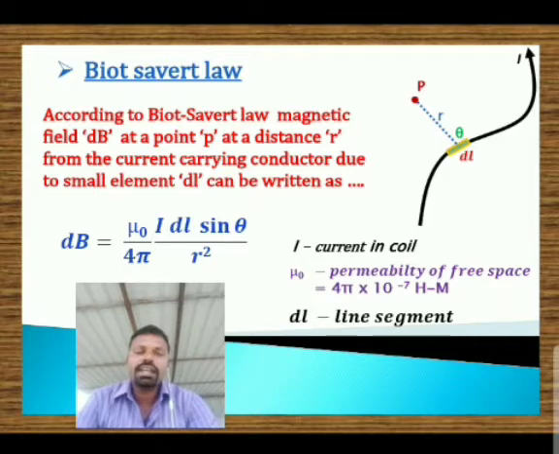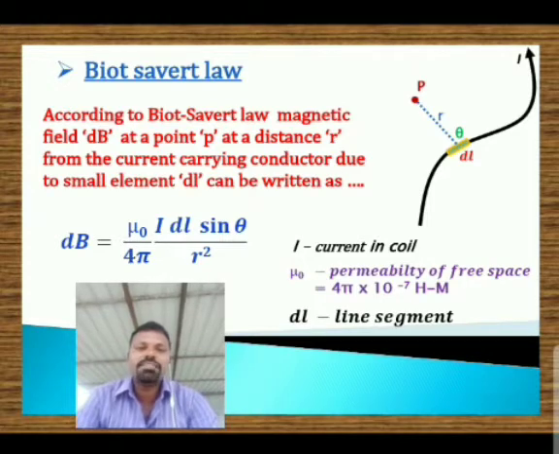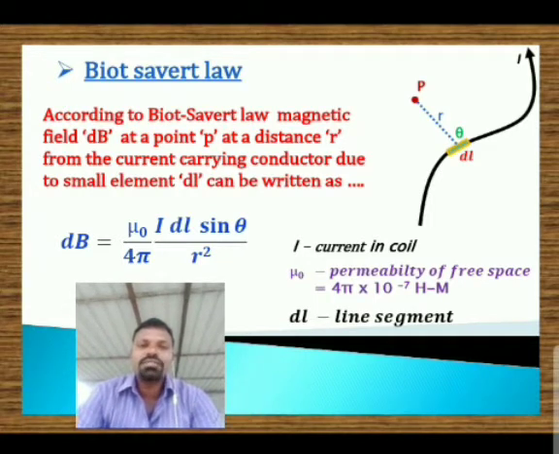From the experiments of Biot and Savart, they found that the magnetic field produced by a current carrying conductor is directly proportional to the current passing through the conductor, directly proportional to the length of the segment under consideration, directly proportional to the sine of the angle between the position vector and the line segment, and inversely proportional to the square of the distance between the line segment and the point of observation where the magnetic field has to be determined.